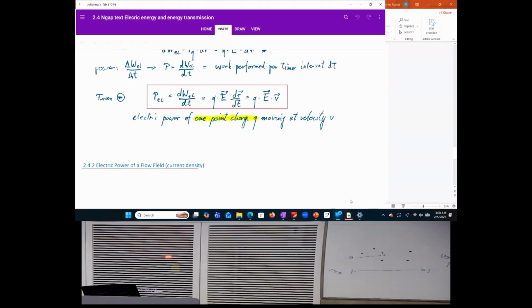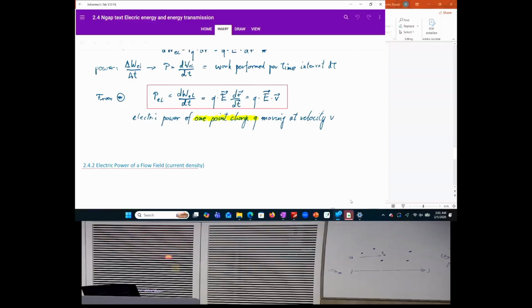So this work here, we insert that this is q times E, and then we have the dr by dt here. And in this model that we had, because we're looking at these conductors, we know that this drift model applies.